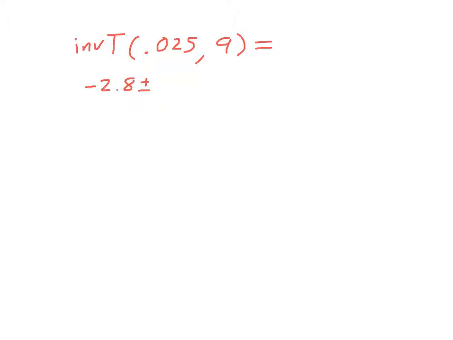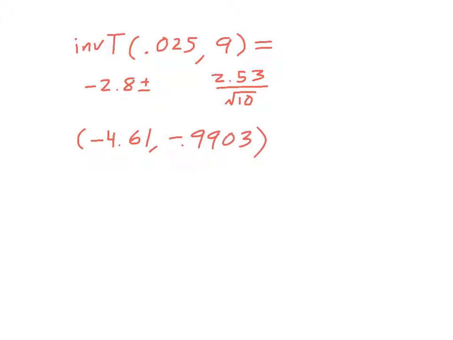I'll leave a gap for the t star that we'll find later. Standard deviation is 2.53 over radical 10. And the interval we're told is negative 4.61 to negative 0.9903.